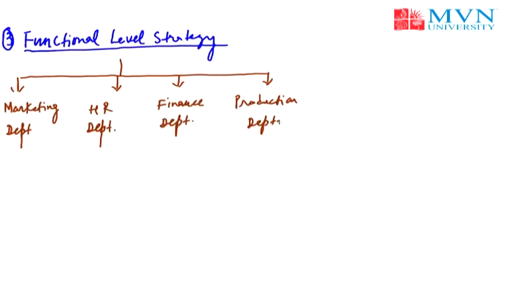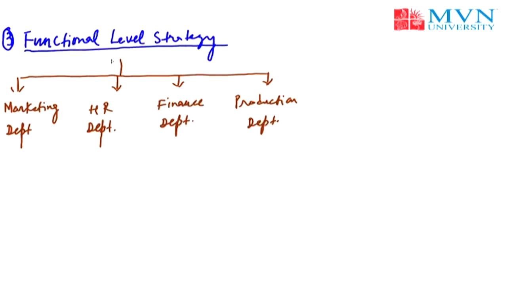These are a few segregated departments which I have given here as an example. So business can't run itself, it has to be coordinated. It's an effort which has to be coordinated within the organization, and the organization has various departments to take care of it. All these departments are known as functional level departments or functional level strategy.